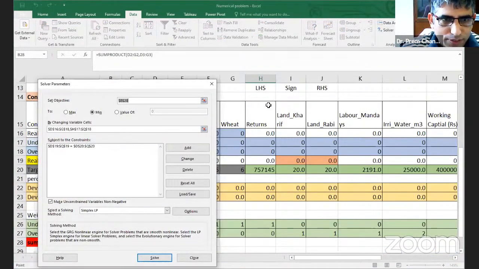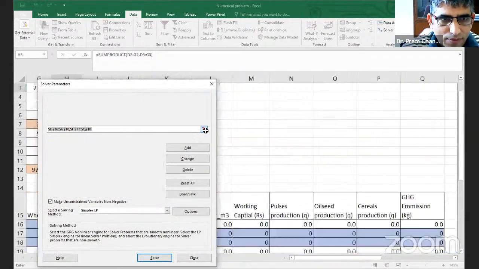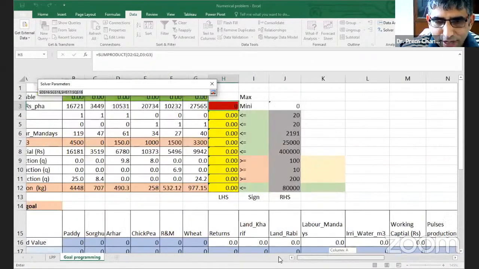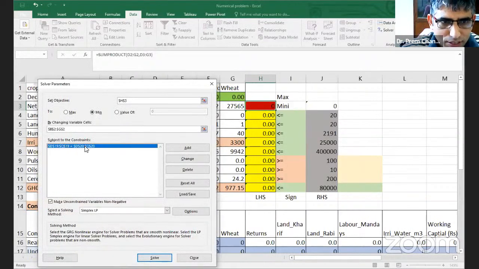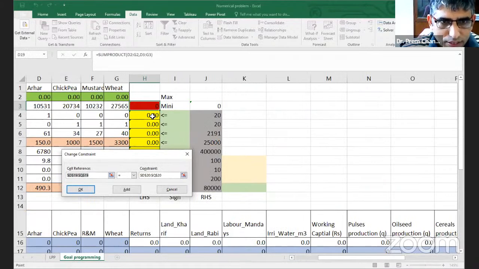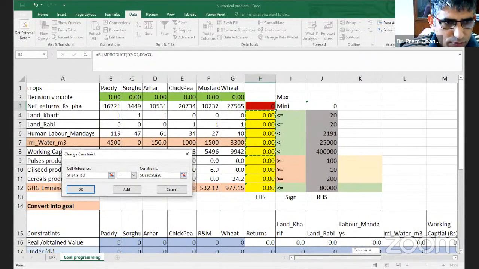So I'm solving it, and what I'm doing is I have to maximize returns by changing my decision variables here, subject to the constraints: my water, then land, and then working capital.